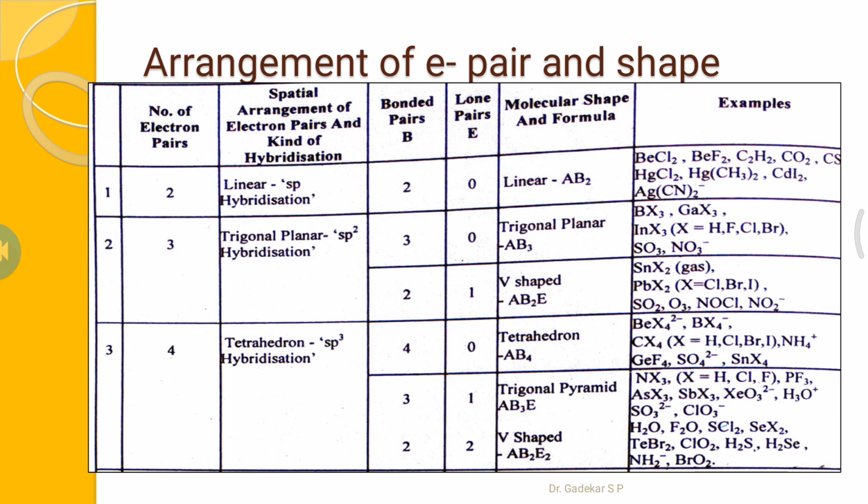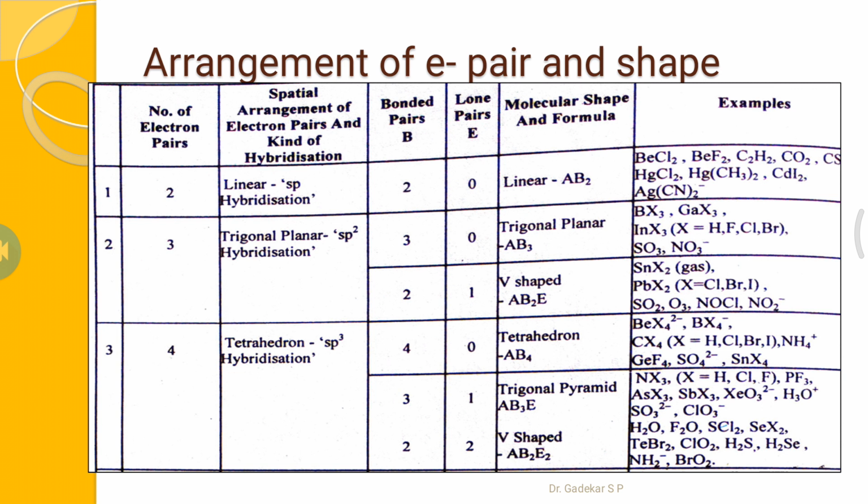So here is the arrangement of electron pairs and shape of molecule. The first column is the serial number, the second column is the number of electron pairs, the third column is the arrangement of electron pairs and kind of hybridization, then the bond pairs and lone pairs, next is the molecular shape and formula, and last is the example.